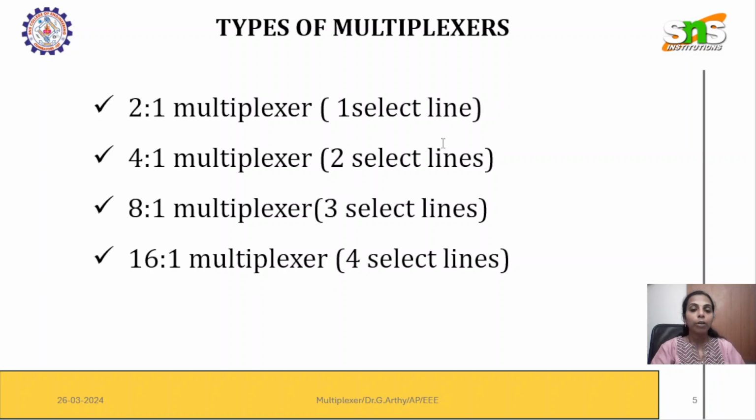Depending on the number of inputs, the selection lines also vary. For a 4 input multiplexer, we require 2 selection lines. That is, with 2 selection lines, we can go for 2^2 combinations of inputs. Similarly, with 3 selection lines, we can go for 2^3 combinations of inputs.